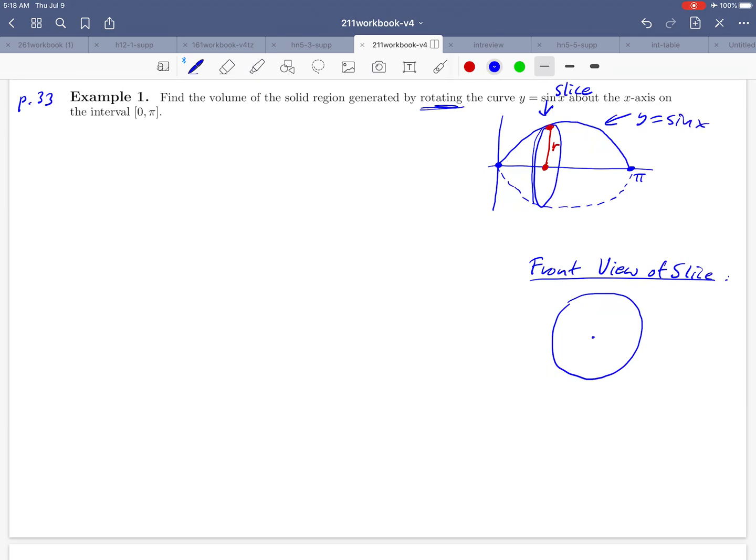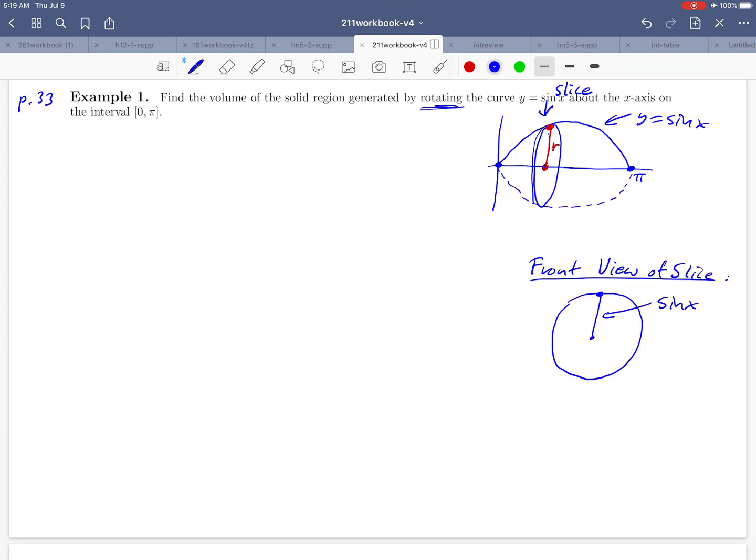So in a nutshell, this radius is given by the function itself. It's going to be sine of x because that's the y value. That measures the vertical distance from the x-axis up to the curve.